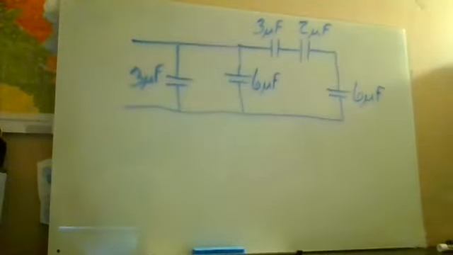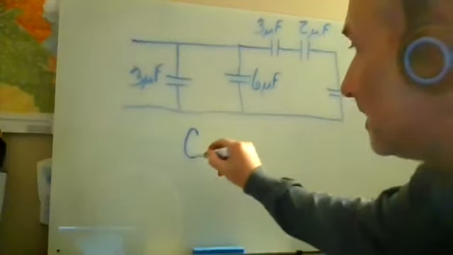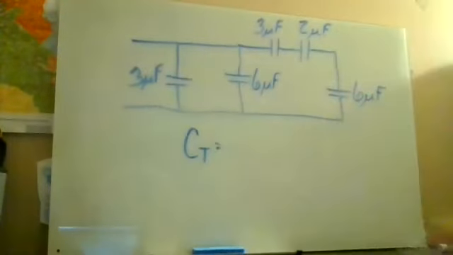And I'm going to say, find C total in this series parallel capacitive circuit.